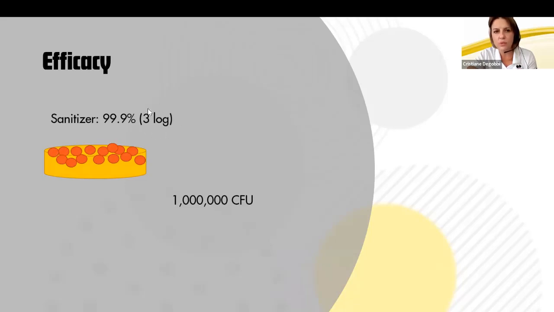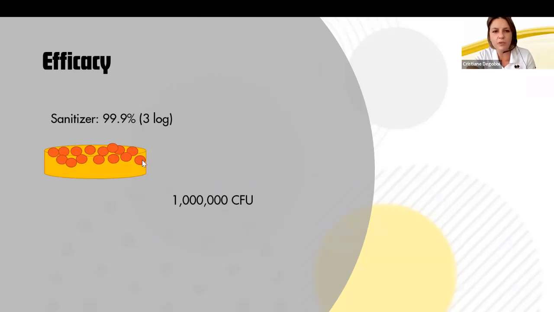They call this a 3-log reduction. You're going to say, oh my God, 99.9% is almost 100%. It is almost, but when it comes to the microbial world, let's see how it can behave. For example, if you start with 1,000,000 CFU, remember, colony forming units, which is the estimate of the number of bacteria or fungi on that sample.